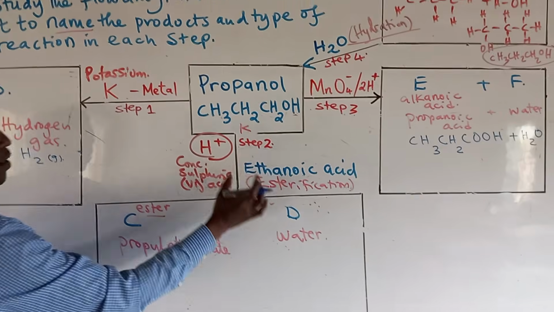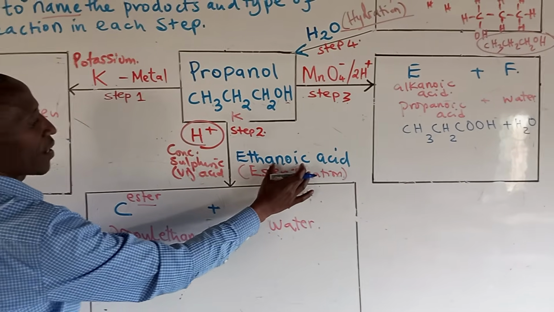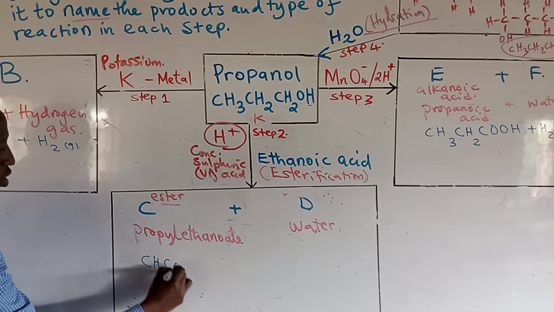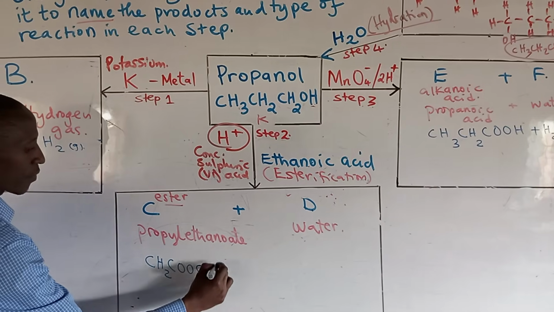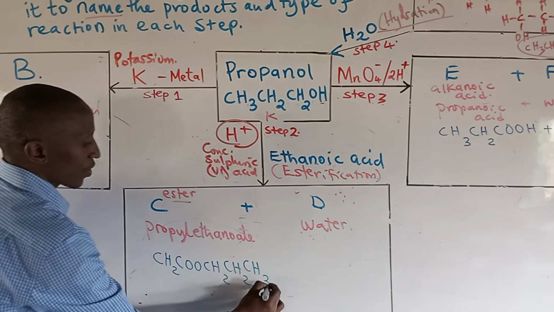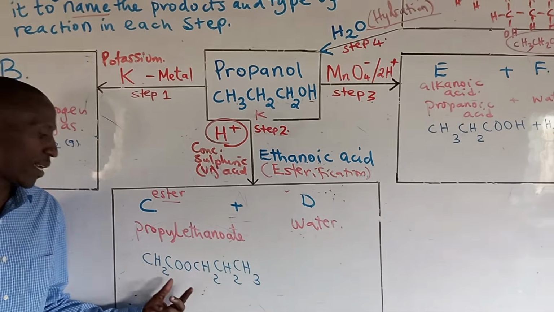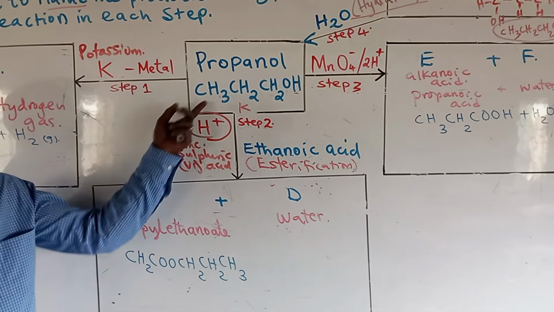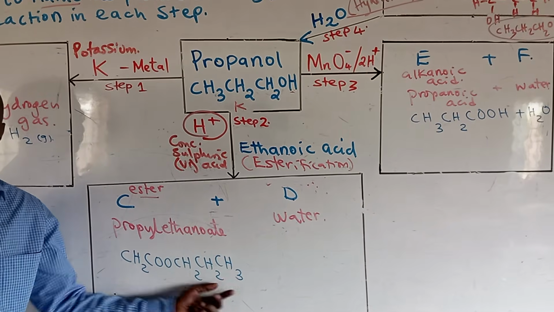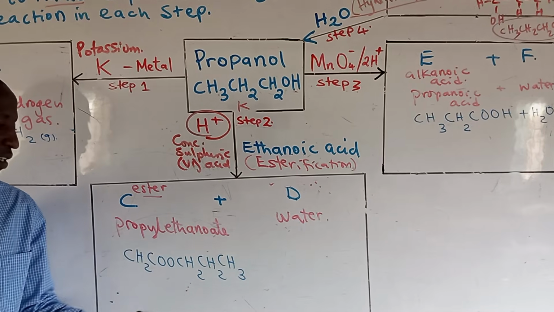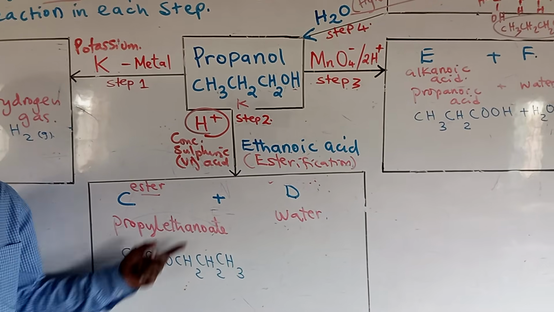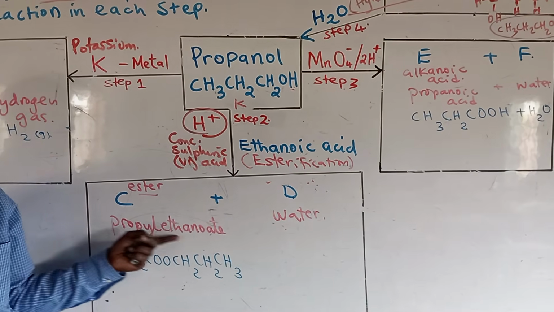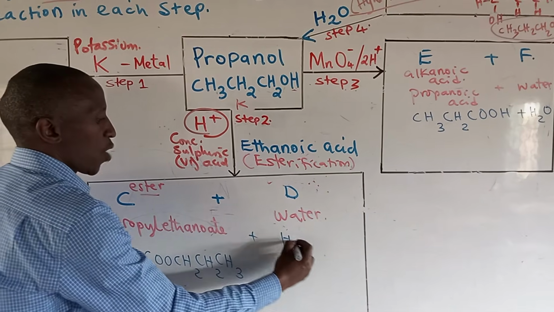So what gives us the ethanoic acid would come first: CH3, COO, CH2, CH2, CH3. Viewers, remember we said in the formula, the part of the acid comes first, then the alcohol comes next. But in the name, it is reversed. More or less, we start naming from the name of the alcohol that came in. So we have propyl ethanoate, and then we shall have water.